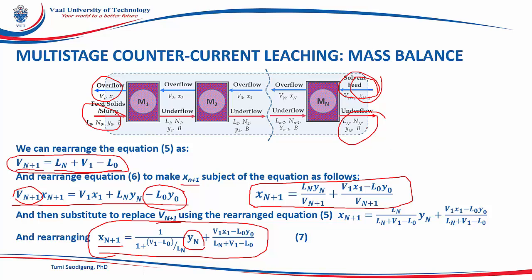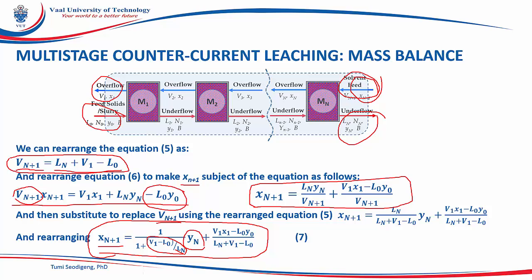In this situation, the underflow solution Ln retained in the solids underflow, that is the solution in the L phase, will vary significantly and will result in variation of the slope of this equation here. As you can see, the slope of this equation is dependent on the entrained liquid, in particular Ln.